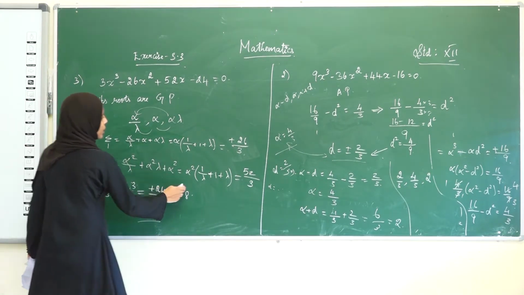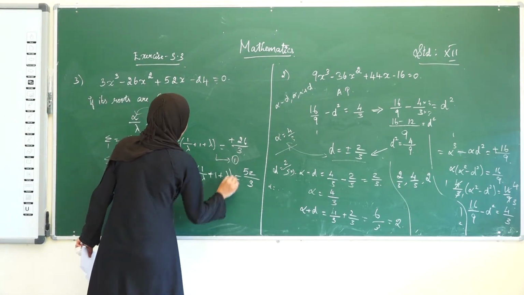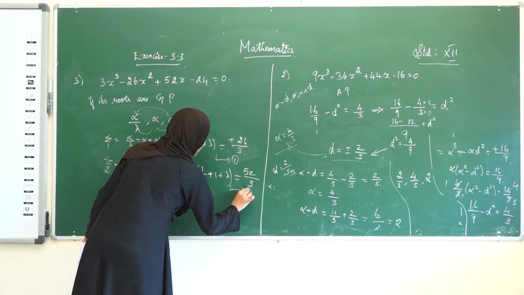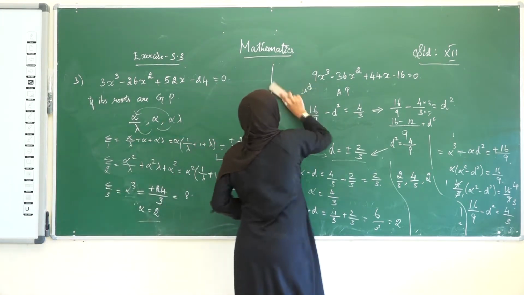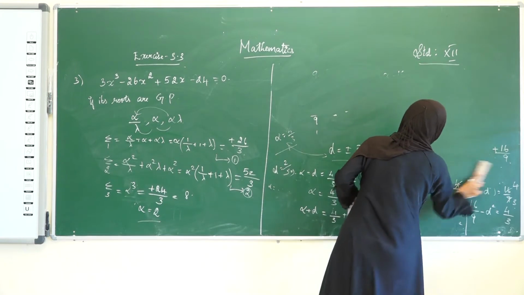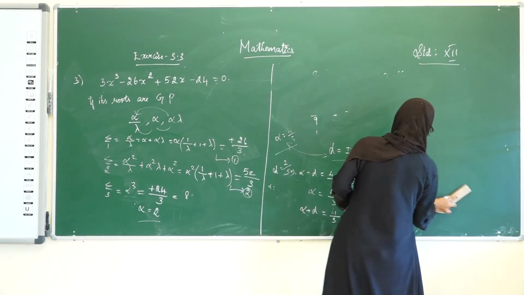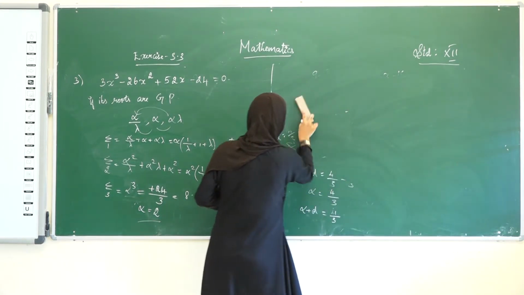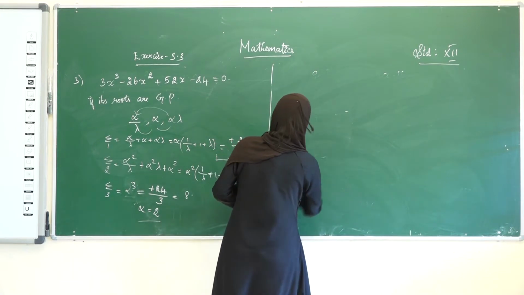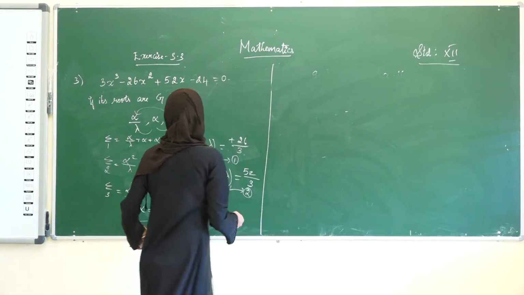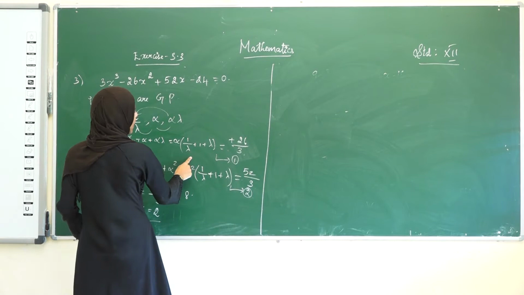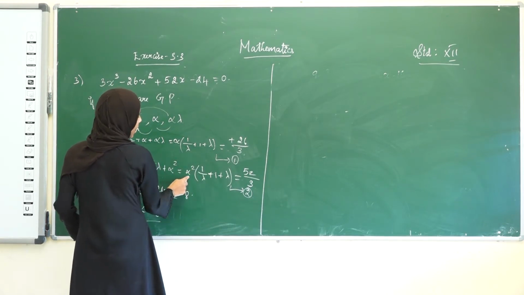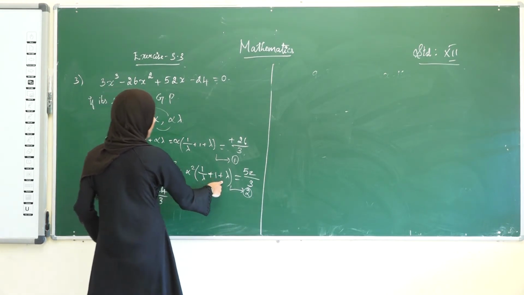Let this be equation 1 and let this be equation 2. By solving these two equations, we can find the value of lambda. Here it is alpha into 1 by lambda plus 1 plus lambda, and here it is alpha square into 1 by lambda plus 1 plus lambda.